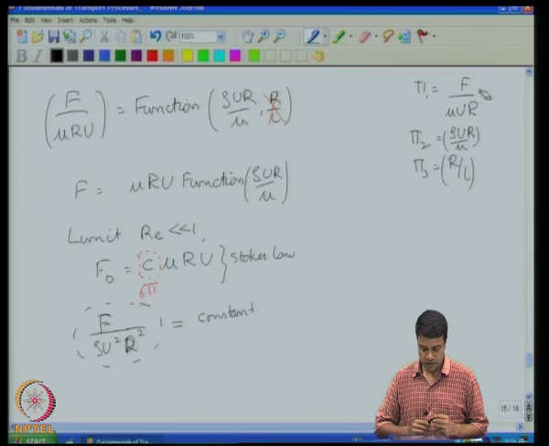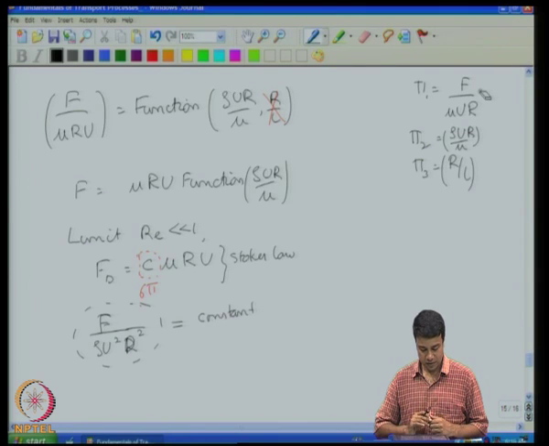And the force just becomes a function of the Reynolds number. F by mu r u is just a function of the Reynolds number. And if the Reynolds number is small, there should be no dependence on inertia. So, we got a straight equation between the drag force and the viscosity, the radius, and the velocity, with just an unknown coefficient in it.